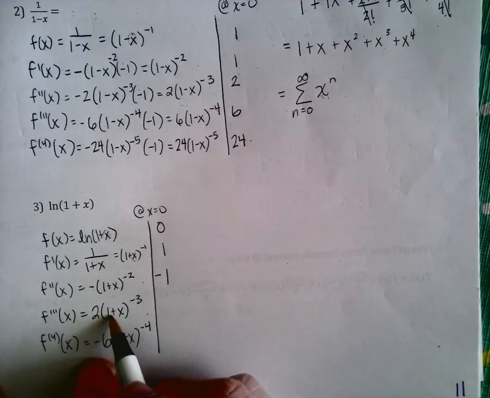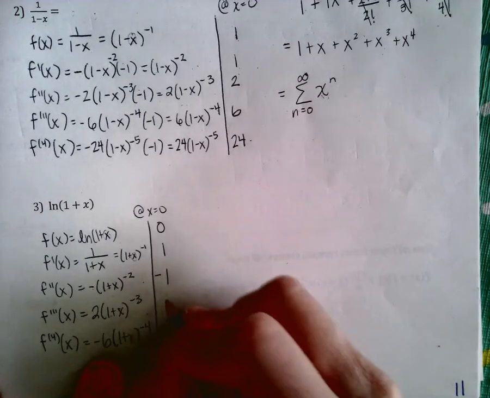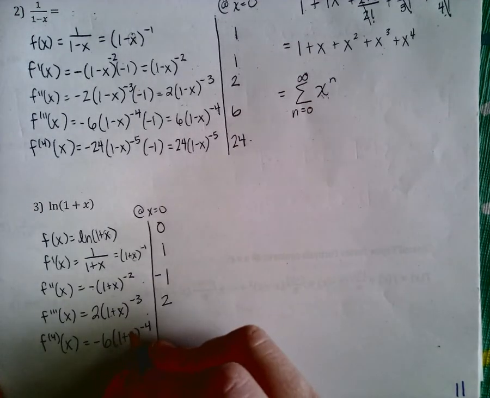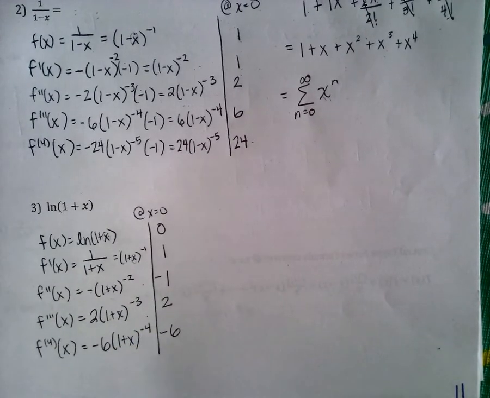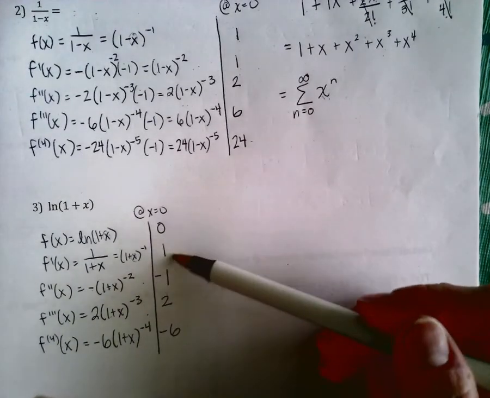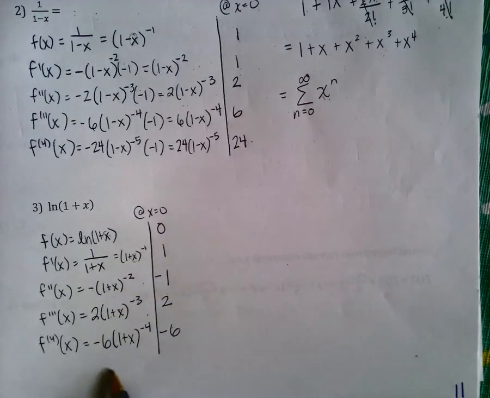Once again, I have 1 to the negative 3 once I plug in a 0 for x. So I just get 2. And this, I would just get negative 6. Okay. One thing to notice is this looks like it's alternating. Positive, negative, positive, negative. And it should continue to do that. If we found the fifth derivative, you'd have negative 4 times 6, so you get positive 24.